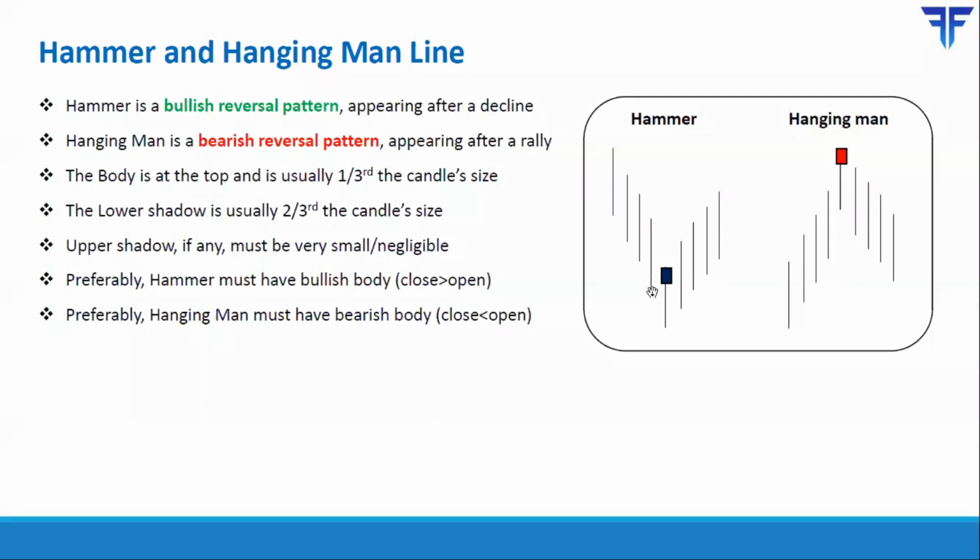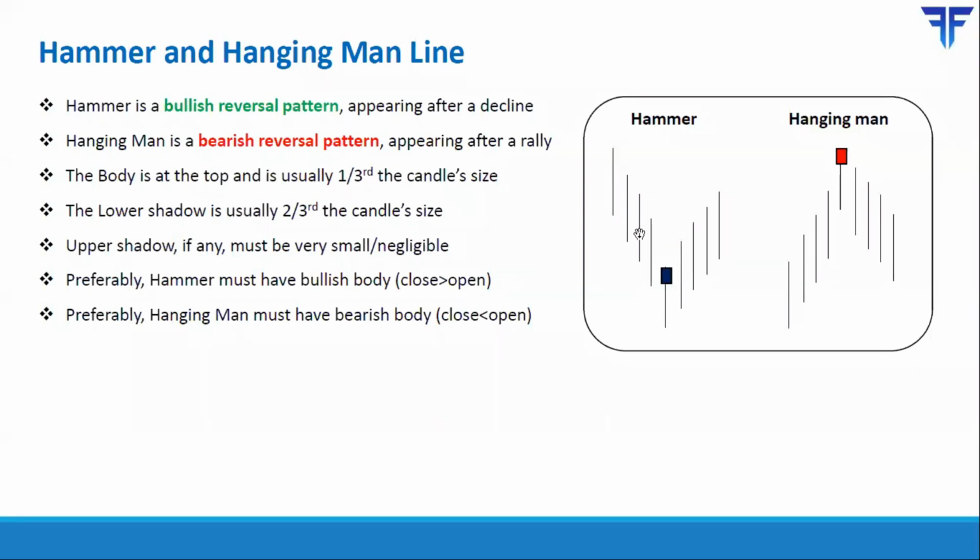Talking about the psychology over here, the market was in a downtrend. Price opened at a particular level on the hammer day. It fell sharply, but then there was a very strong recovery in price, and price managed to close near the high of the day.